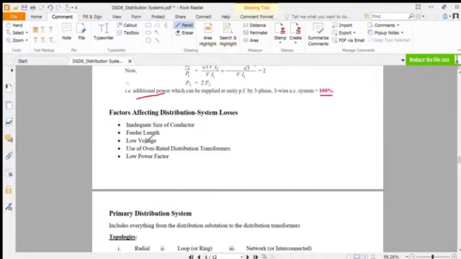It may be an insufficient size of conductor, because the thickness of the conductor is important because of the value of current. And the feeder length: as the length of the primary distribution cable increases, the loss will be greater.